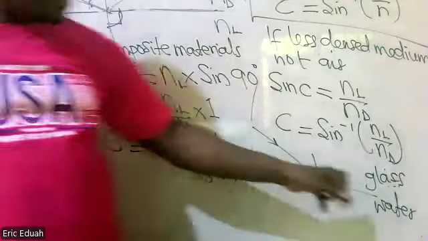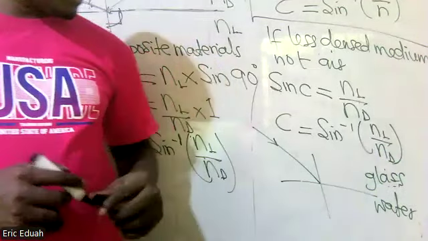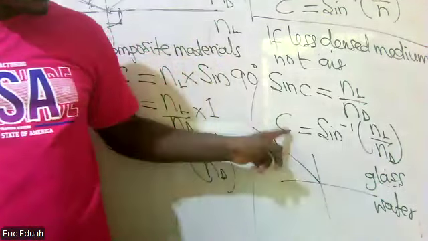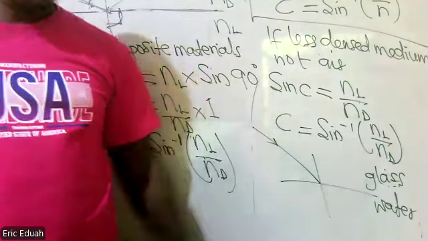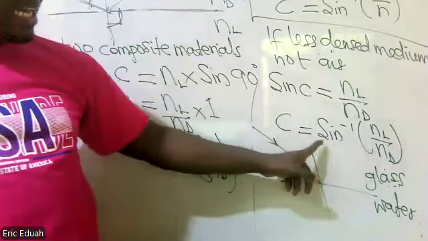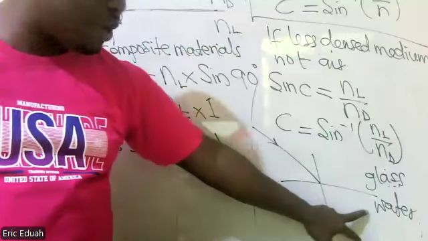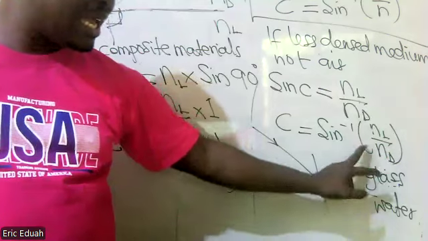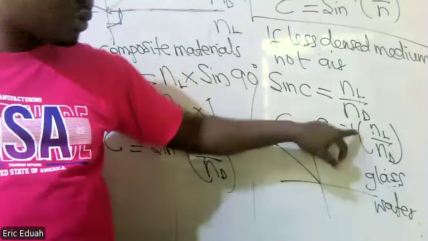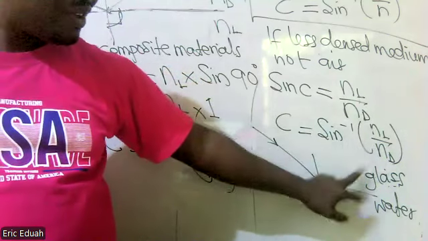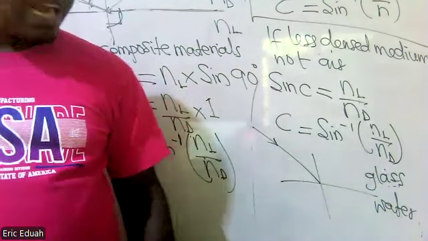So if we have a situation of this sort, and I'm asked to calculate the critical angle of the glass, then I must take the sine inverse of the absolute refractive index of water, the less dense medium, divided by the absolute refractive index of glass.